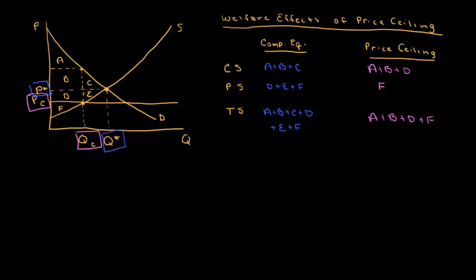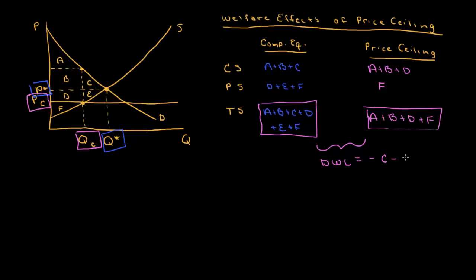And the deadweight loss, as we said in the earlier video, is the surplus that is unrealized. And we can see that by comparing the values of total surplus with the price ceiling to the values of total surplus without. And what we see is that the difference here, or the deadweight loss, is that we have lost areas C and E.